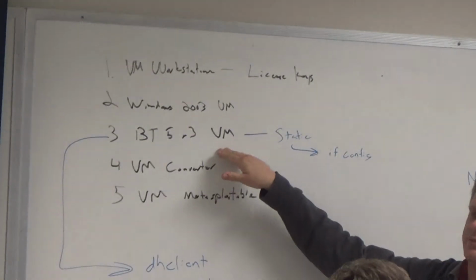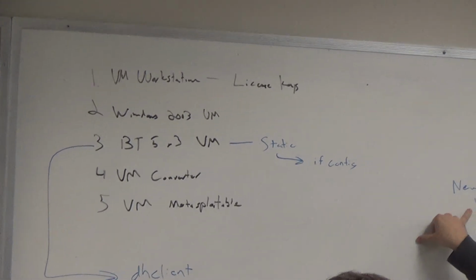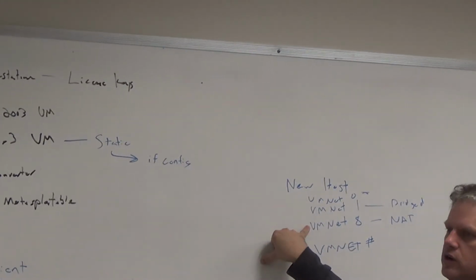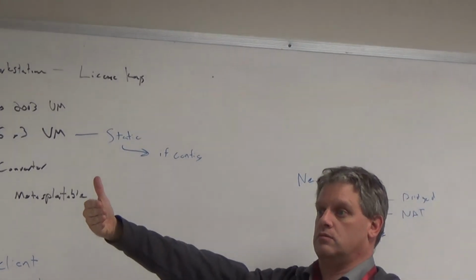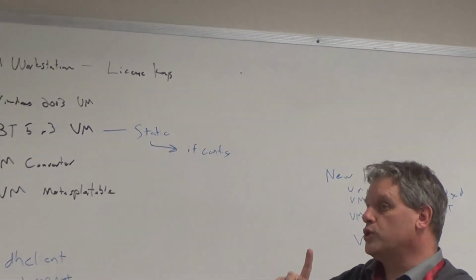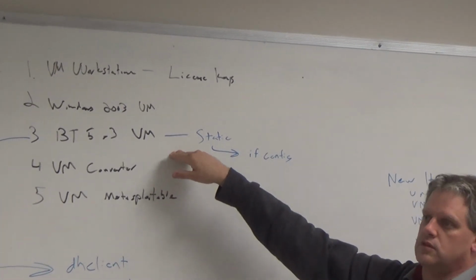When you spin up your Backtrack 5.3 VM, you need to attach it to VMnet 1, your bridge connection, or VMnet 8, your NAT connection, so that it gets out onto the internet. You do that so that you can do your updates.